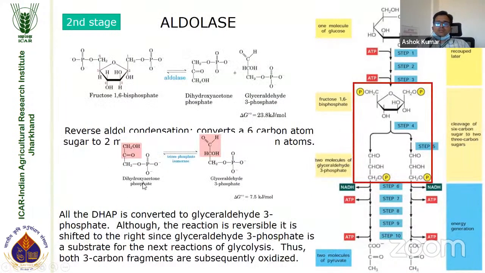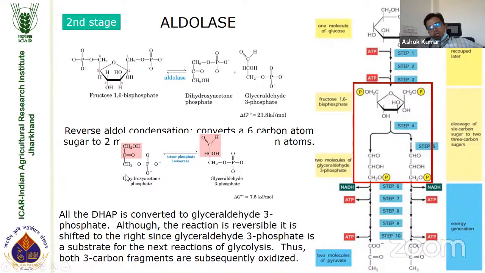Further, dihydroxyacetone phosphate and glyceraldehyde 3-phosphate are in equilibrium in the presence of triose phosphate isomerase. When you are using glyceraldehyde 3-phosphate in the downstream pathway, automatically this equilibrium will shift toward the forward reaction.